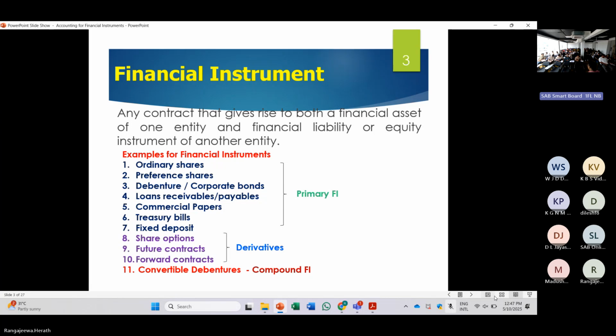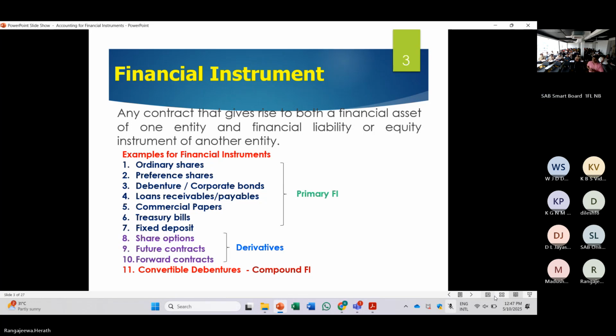For any of these financial instruments, from the investor's point of view, it is a financial asset. Fixed deposit. You deposit 1 million in the bank as a fixed deposit. When a company has a fixed deposit, from the company's point of view, that is a financial asset. From the bank's point of view, that's a financial liability. The bank has an obligation to repay.